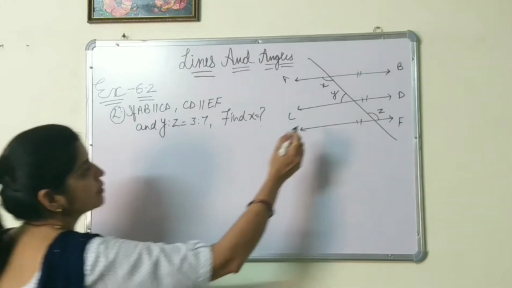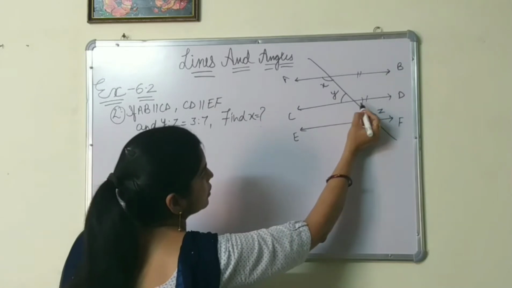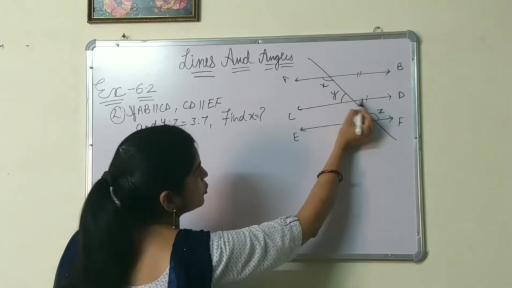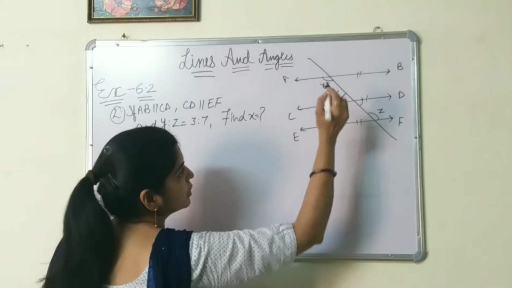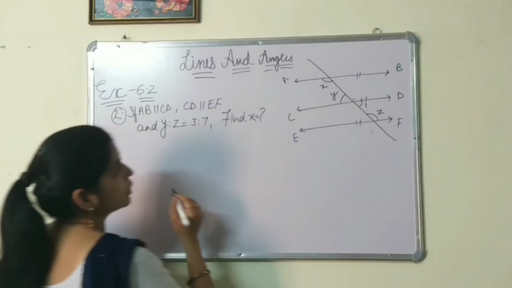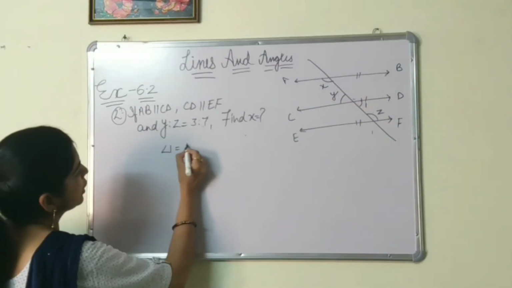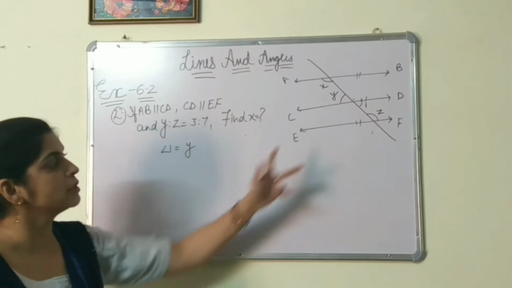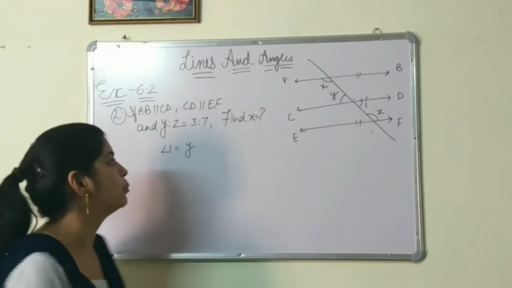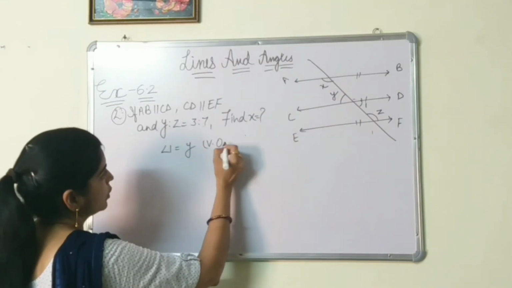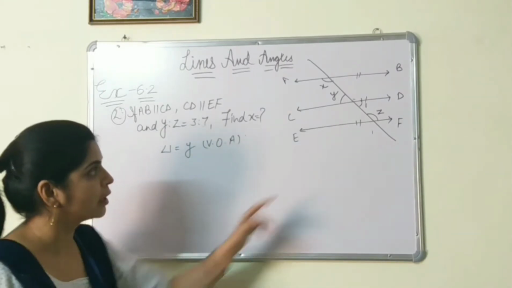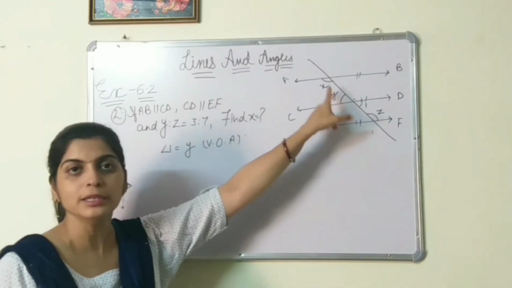Now we can say that this angle is the vertically opposite angle of y. So we can say this is angle 1. Angle 1 will be equal to angle y because these both angles are vertically opposite angles.